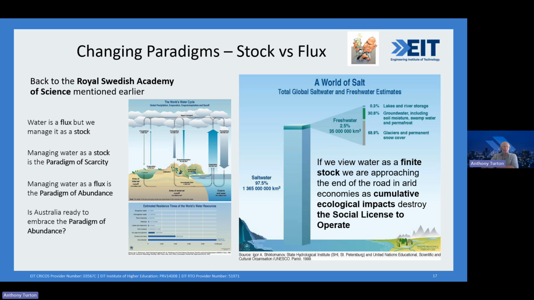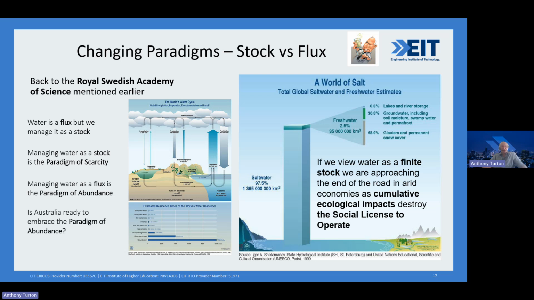In fact, 97% of the total volume of water on the Earth is seawater. Only 2.5% of the water available on planet Earth is fresh water, and of that, the majority is tied up in glaciers, etc. So we actually don't have a water problem. We have a salt problem. We have a solvable problem.